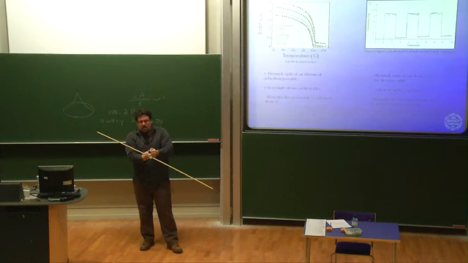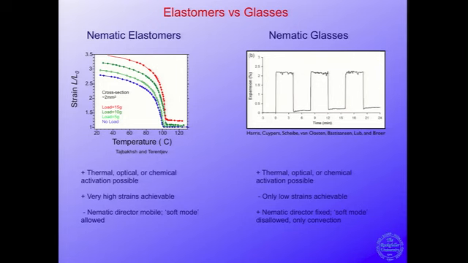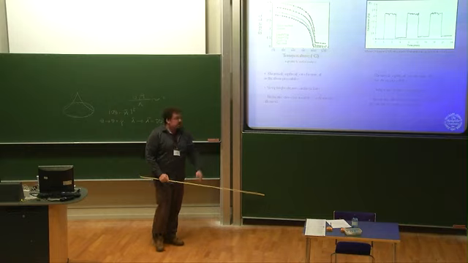So you can get a strain response with no energy cost. This is referred to as the soft mode, and it's very interesting and very subtle, but for the purposes of design, if you wanted to write some pattern that would become a thing, it's not at all what you want. You want to be confident that the director field that you have written is the director field that you are working with going forward.